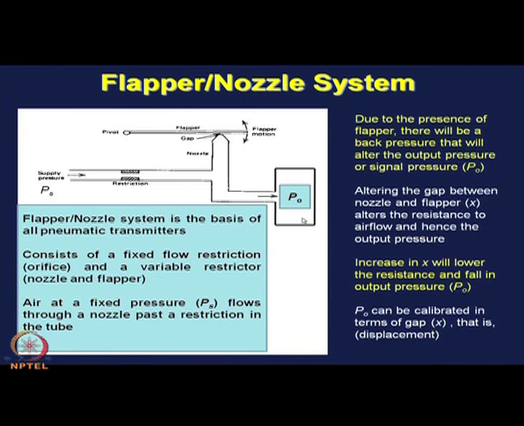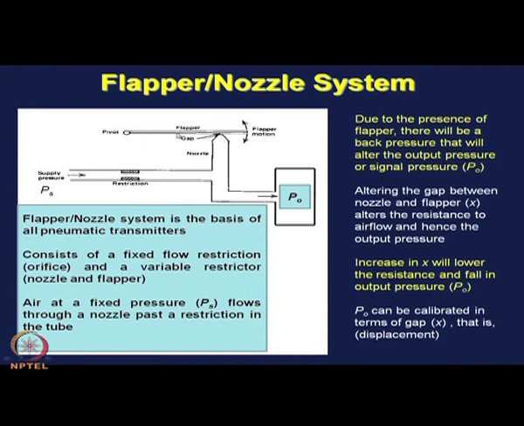So, let us repeat once again. The flapper nozzle system consists of a fixed flow resistance and a variable restrictor. Orifice is the fixed flow resistance and a nozzle and flapper works as a variable restrictor. Air at fixed pressure flows through this restriction and then through the nozzle.